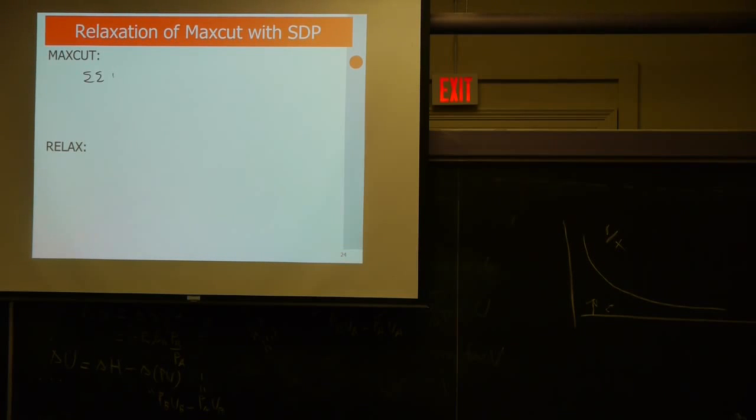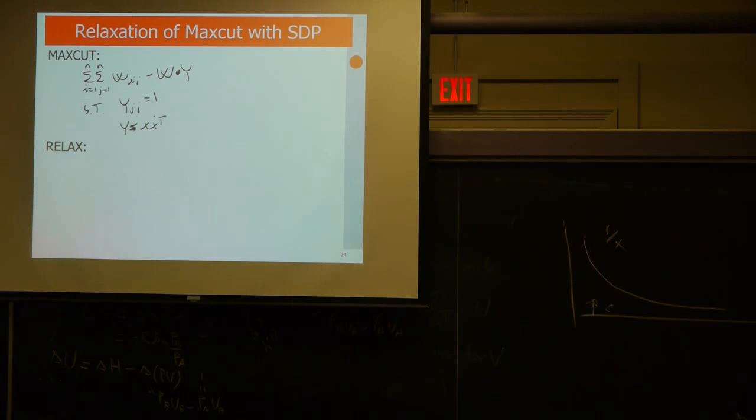So this is where we are now. We want to maximize this subject to Yjj is 1 and Y is x times x transpose.